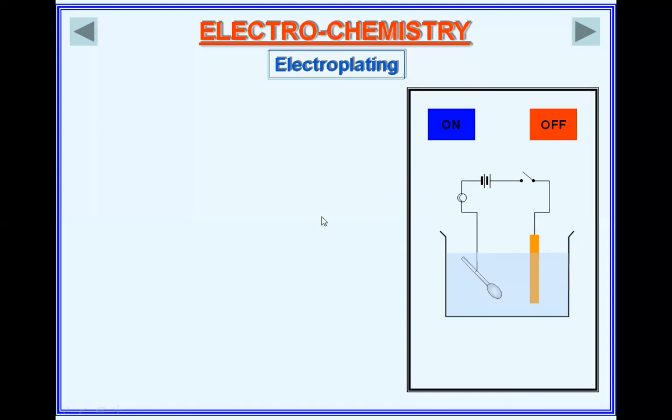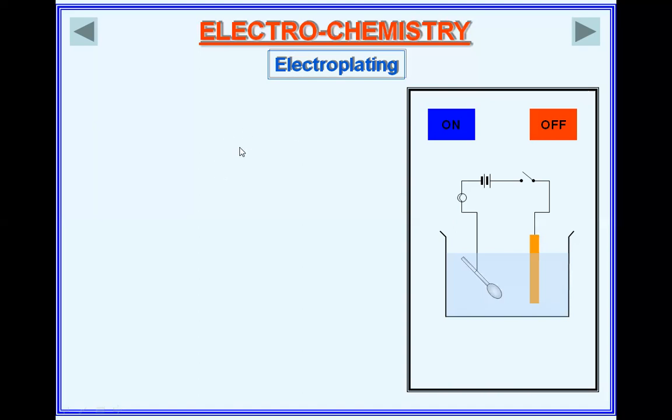Now we are discussing electroplating and what the conditions for electroplating are. Today our object is a steel, iron steel or steel spoon, which can be electroplated by copper. Now we have to start the lecture.